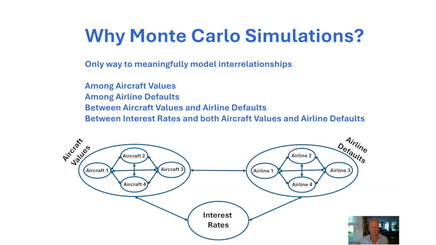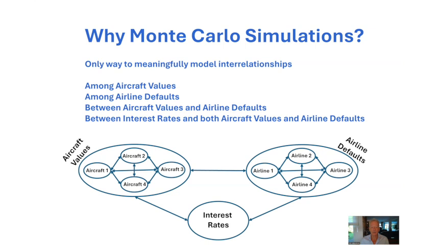Then we have correlation among airline defaults. Typically, airlines will default in clusters, more often so in a cyclical downturn. And then we have correlation between aircraft values on one hand and airline defaults on the other hand. So when airlines default, typically that's also when aircraft values are down, which has to do with the cycle.